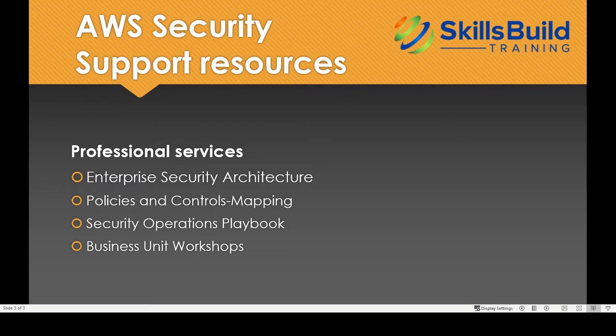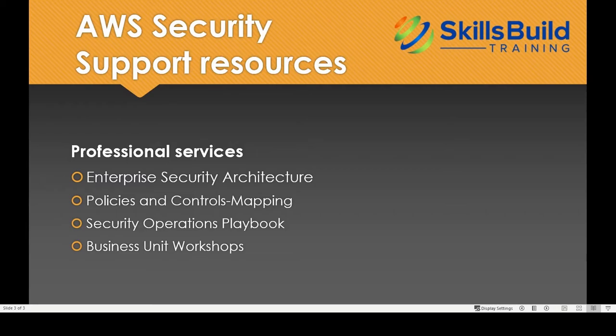Example engagements would include enterprise security architecture, or evaluate the nature of the workloads you're deploying in AWS, along with your security needs, and define an architecture and set of security controls that will protect your data and workloads according to best practices. Then we have policies and controls mapping.